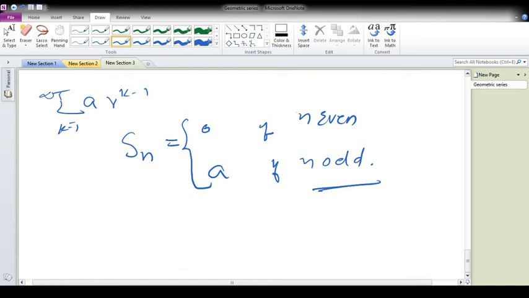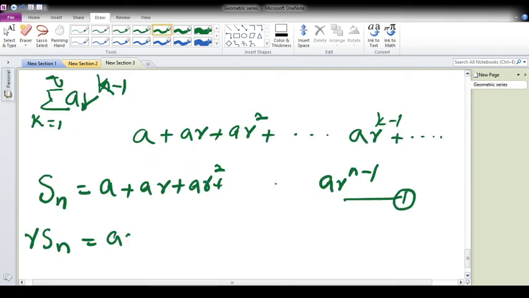First of all, you take the n-th partial sum, Sn equal to a plus ar plus ar square plus etc., ar power n minus 1. This is the partial sum. You multiply this by r: r Sn equal to ar plus ar square plus ar cube plus etc., ar power n.